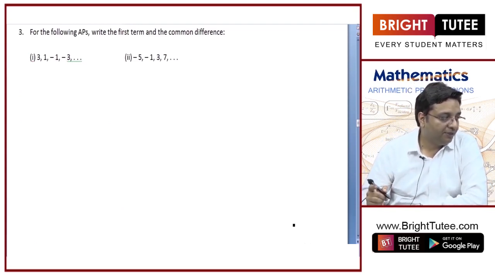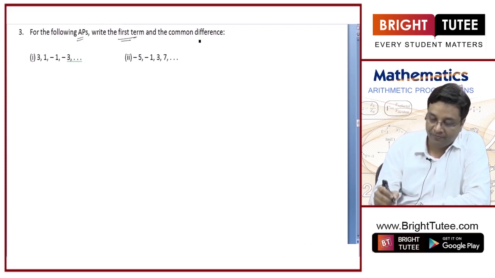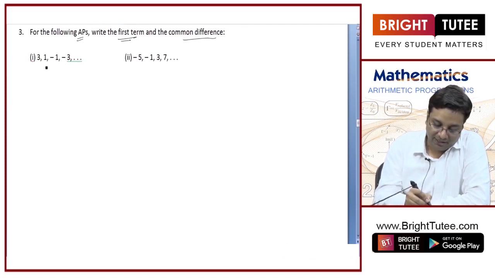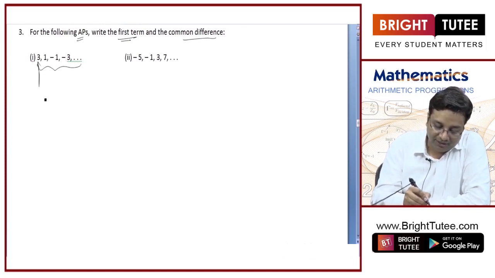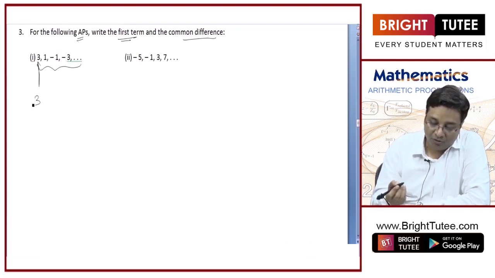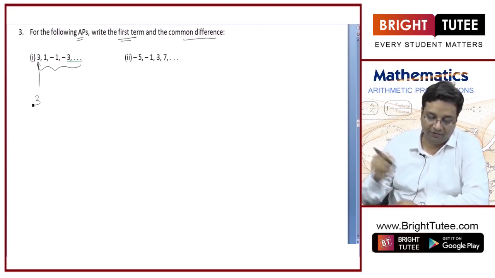These questions are really simple, but these are just to let you feel the arithmetic progression. For the following APs, write the first term and common difference. Now, it is clearly mentioned that these given sequences are arithmetic progressions. You just need to write the first term and the common difference. You can clearly see that the first term is 3, and the common difference you can find by subtracting any 2 consecutive terms.